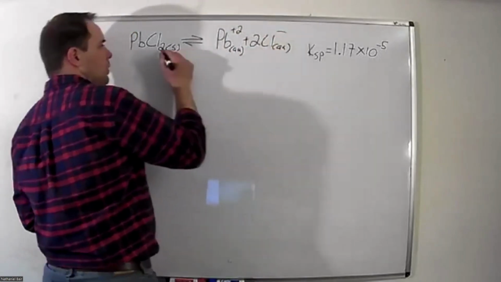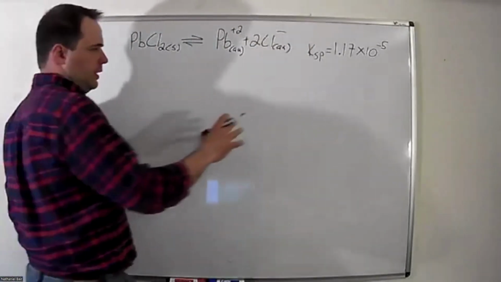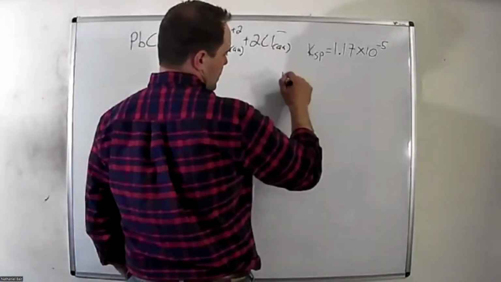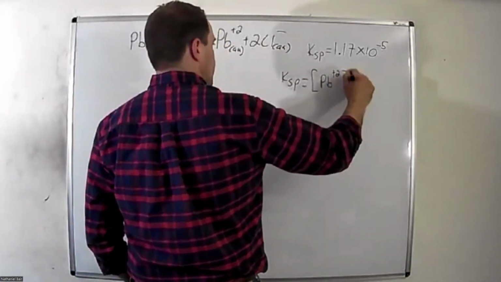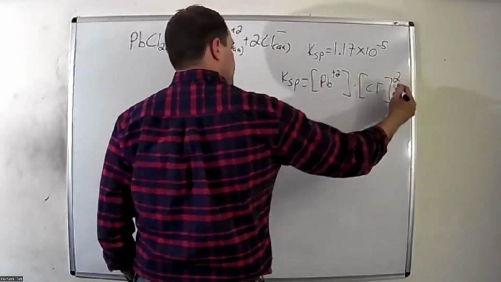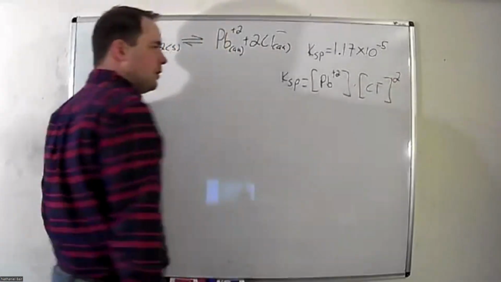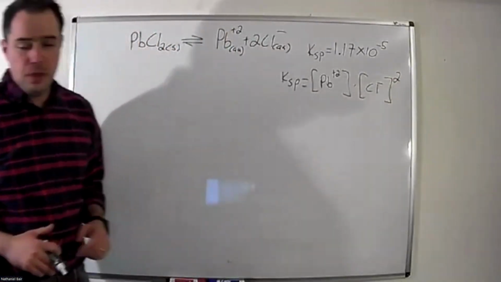People miss that too. That 2 has got to come out in front. That's going to jack the whole thing up. Now we need to write our mass action expression: Ksp equals the lead plus 2 ion times the chloride ion, and then that gets squared. So there's our mass action expression. Remember, the solid does not go in.